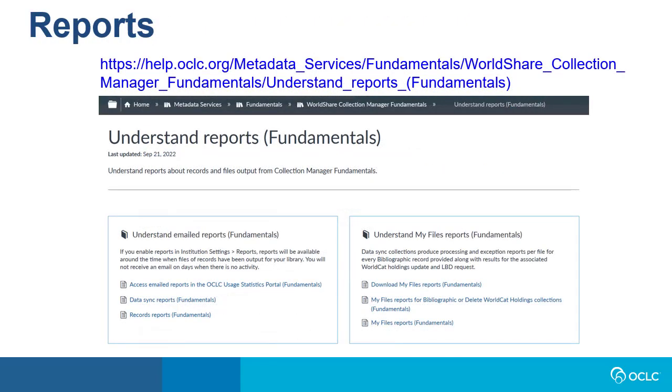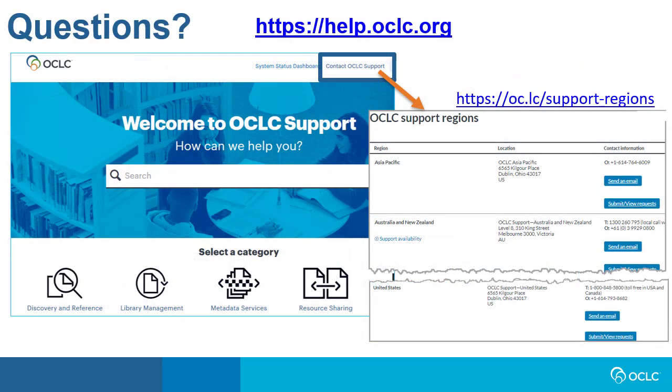More detailed explanation of the different types of reports as well as how to access these reports can be found on the help page Understand Reports Fundamentals. If you need additional help, please visit https://help.oclc.org for documentation, training, and contact information for OCLC support in your region.